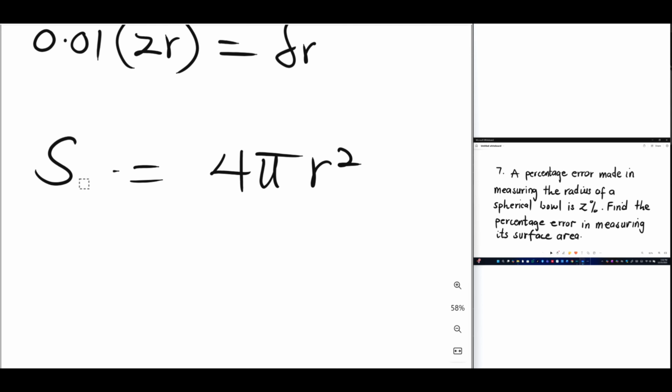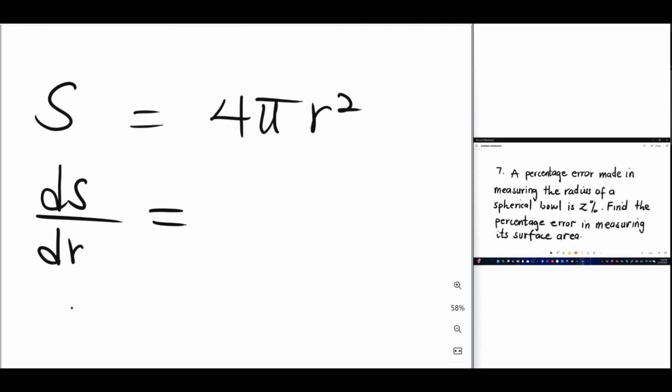I'll use S to represent the surface area. Now I'll differentiate S, the surface area, with respect to the radius, and this will give me a result of 8 pi r.